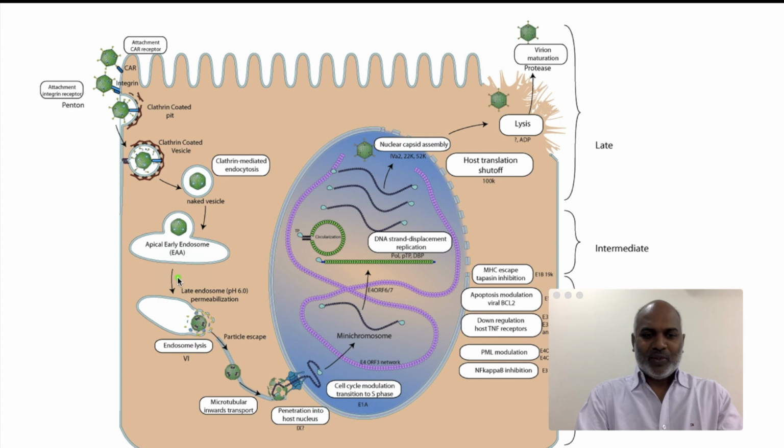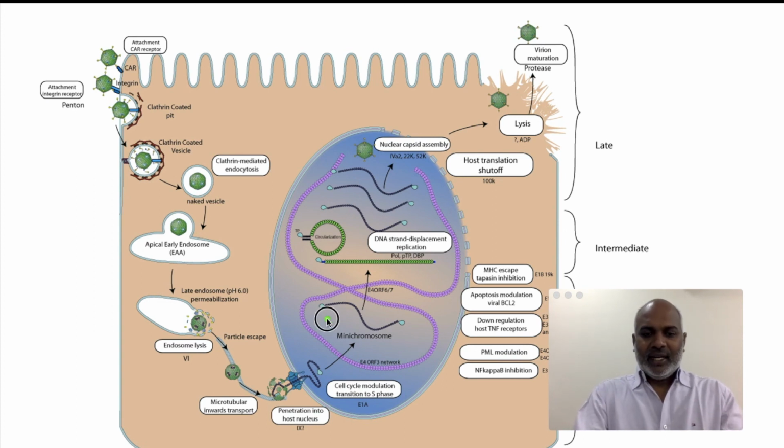During that transport, there is a decrease of pH inside the endosome. Due to that, it delivers the core, and once it reaches the site of the nuclear pore, the core binds to the nuclear pore, then it delivers the linear double-stranded DNA into the nucleus.